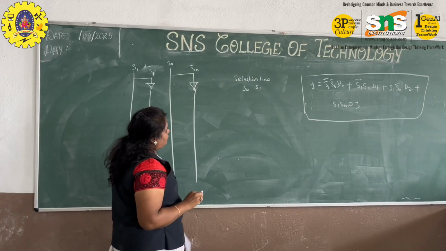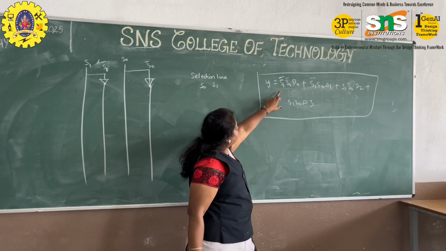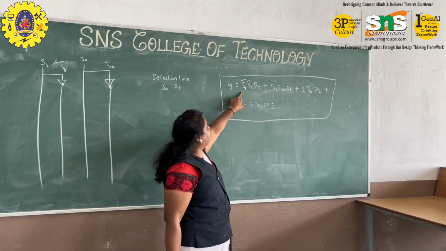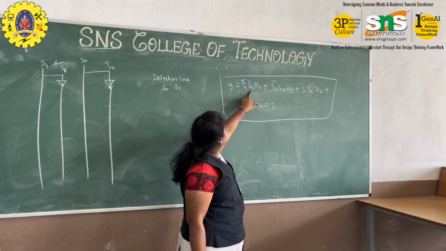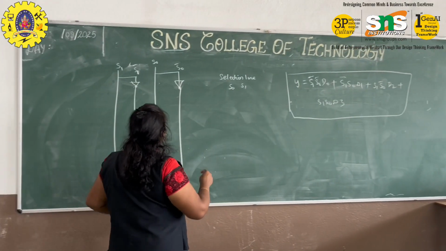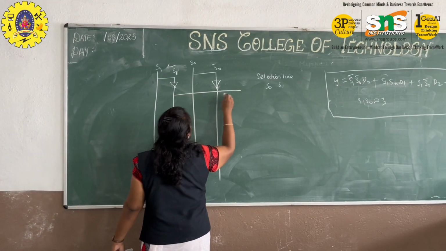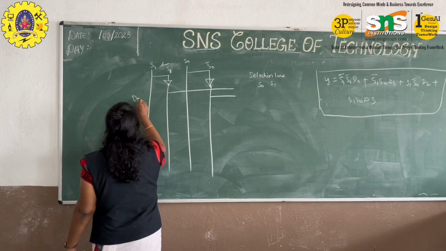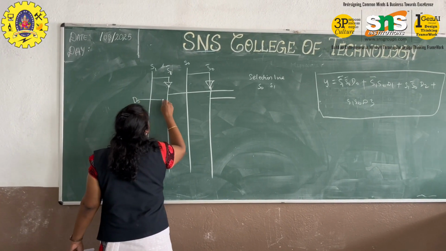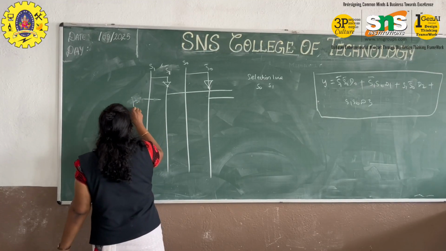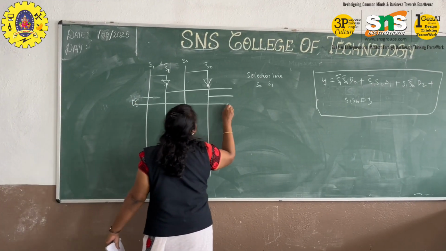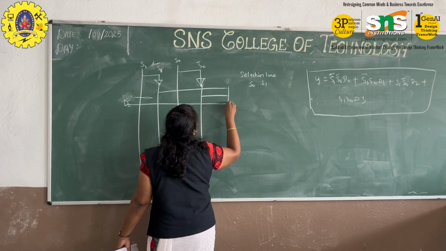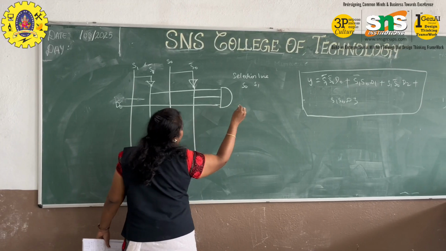First of all, these terms are a multiplication, so we have to use the AND gate. S1 bar, S0 bar, D0. This is S1 bar, this is S0 bar, and we have to use the data line D0. These three inputs go into the AND gate.